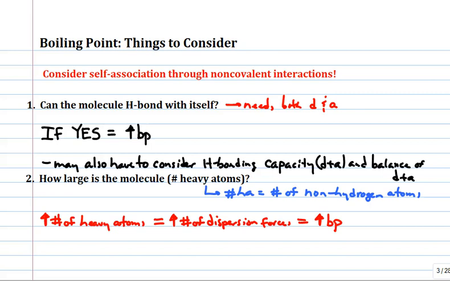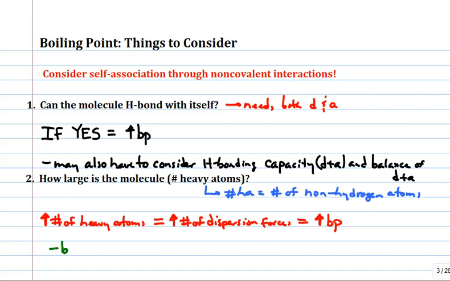Now, in this rule, there's one big caveat, one big warning. It's like, okay, be careful with this. If there's branching, if the molecule has alkyl groups, a hydrocarbon part, and there are branch points in there, that's going to impact the boiling point significantly.